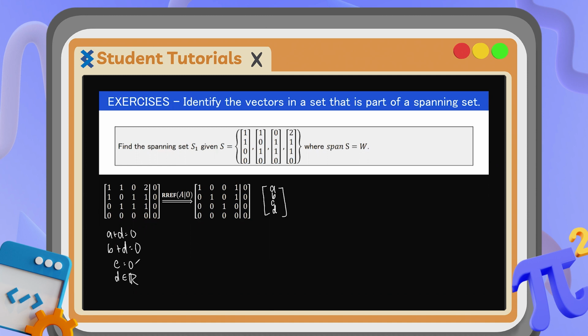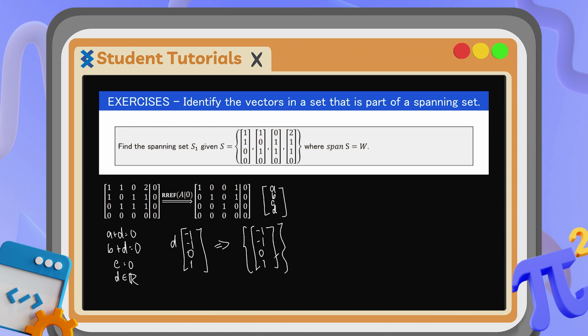And with that, the solution shows us that when we multiply D to a vector, that gives us -1 since A is equal to -D. And similar to A is also B, wherein B is equal to -D, so -1 will be multiplied here. C is equal to 0, and D is any real number, so 1. And then that would mean that your solution would be -1, -1, 0, and 1.